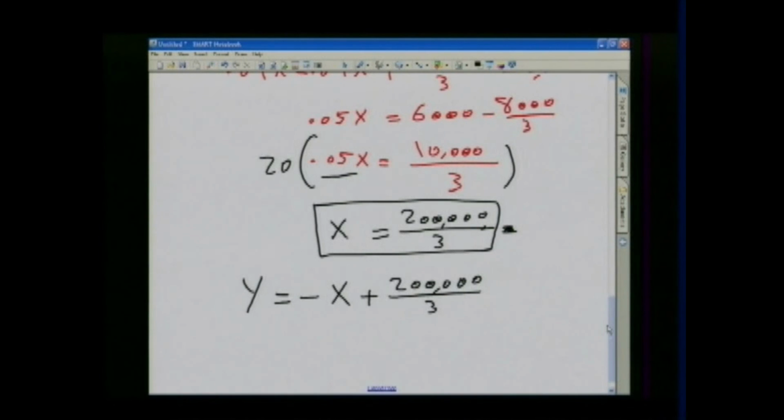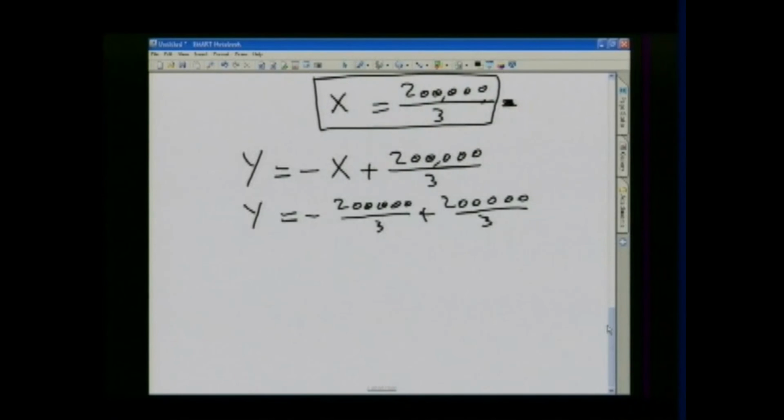Now in place of x, I'm going to put 200,000 divided by 3. So y would be minus 200,000 divided by 3 plus 200,000 divided by 3. Oh, that's interesting. y would be equal to 0. Investment in y, medium risk stock, should be 0.